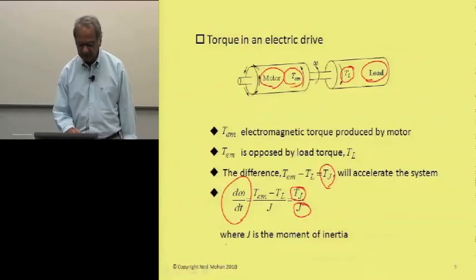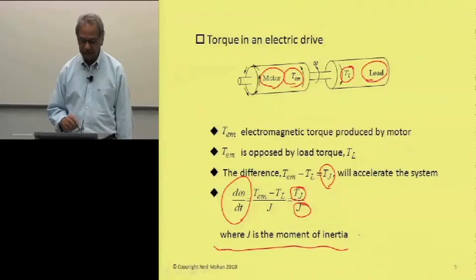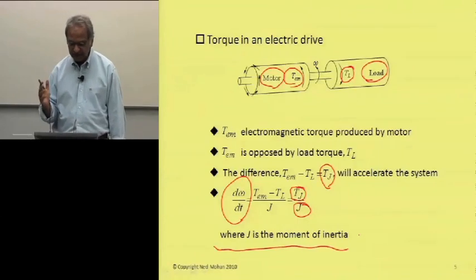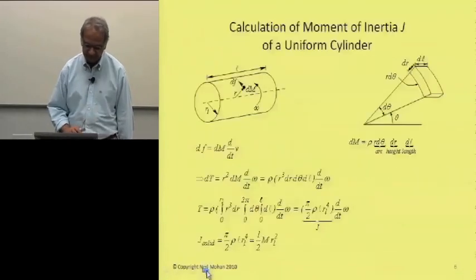We'll see in a second what this moment of inertia is, but this acceleration torque divided by this moment of inertia is what gives us the acceleration in this system.